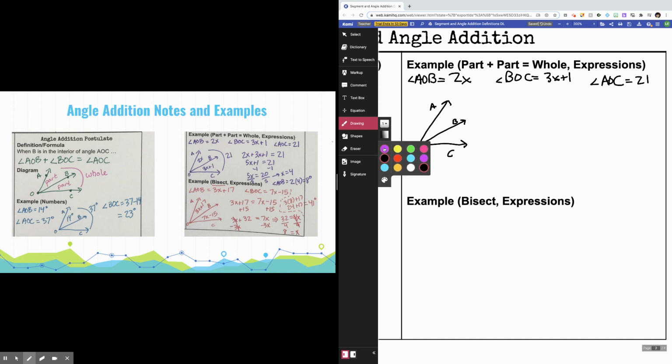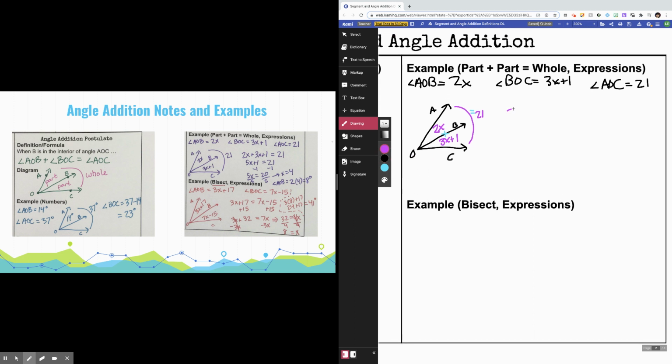So I have AOB is 2x, so I'm going to put that inside the angle because that's a part. BOC is 3x plus 1, so I'm going to put that inside BOC, and then the whole thing, AOC, is 21. So what I have here is part plus part equals whole. That's what I'm going to write out.